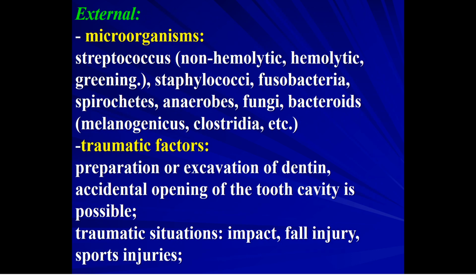The factors can be divided into two groups, external and internal. As for external, it is microorganisms: streptococcus non-hemolytic, hemolytic, greening, staphylococci, fusobacteria, spirochetes, anaerobes, fungi, bacteroides melaninogenicus, and clostridia, etc. And the next external factor, traumatic factors.